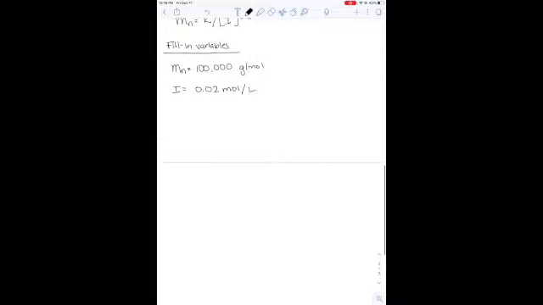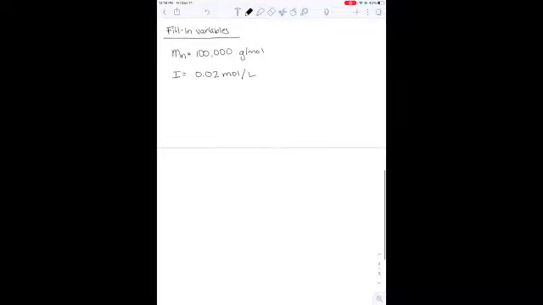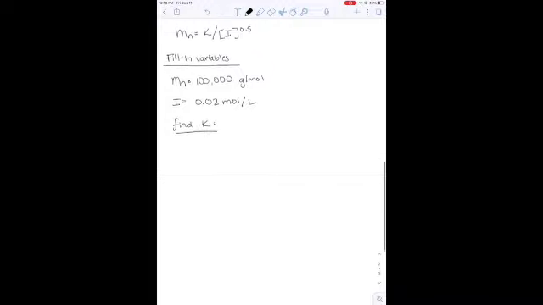Next, we're going to fill in our variables for the given quantities from the initial problem statement. So we have a molecular weight of 100,000 grams per mole and an initiator concentration of 0.02 moles per liter. And then we are just going to find K using that given relationship.